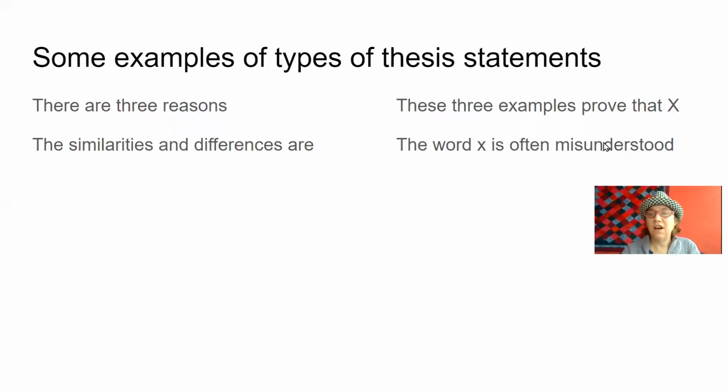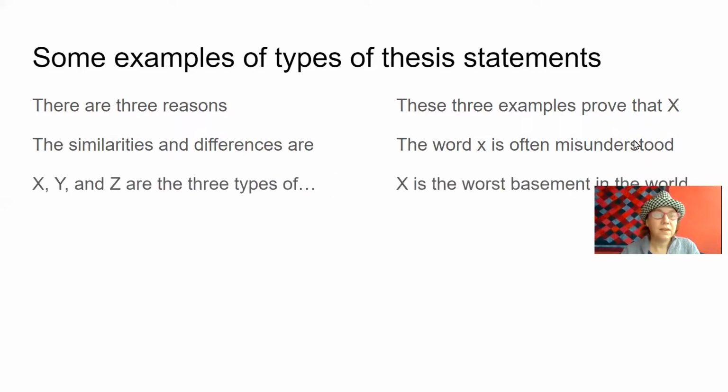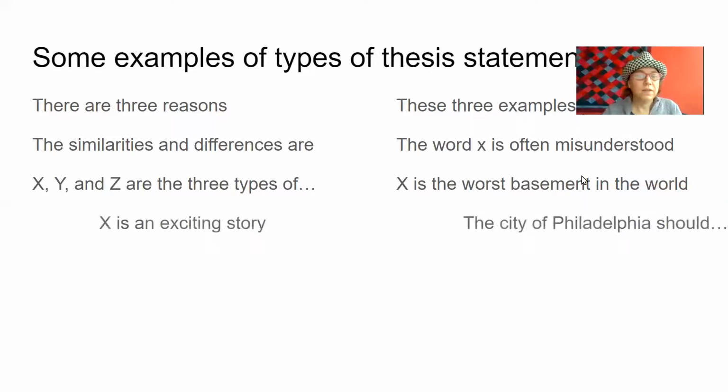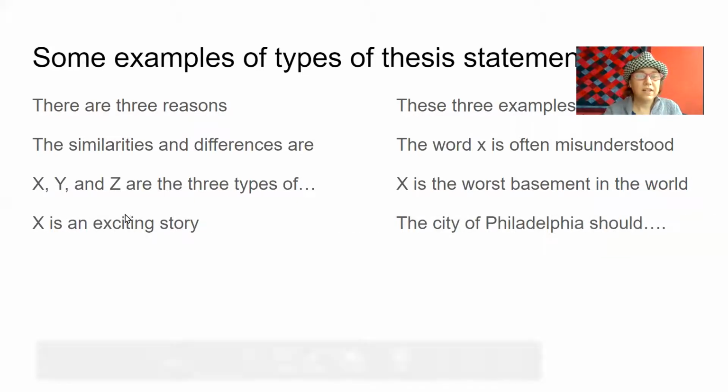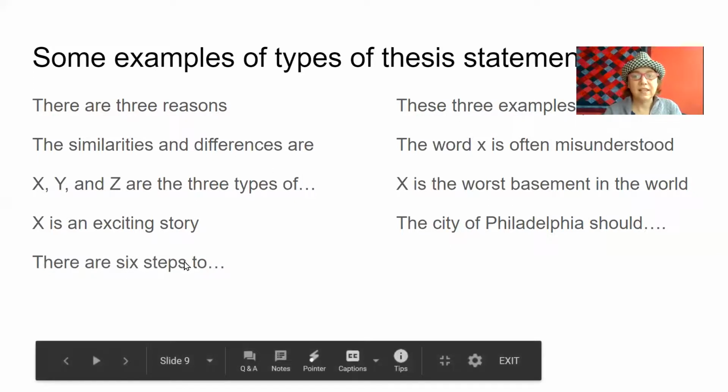The word X is often misunderstood: that's a definition. This one's classification and division. This is a description. This one's a narrative. And this one's an argument or persuasive. And finally, process. I think I skipped that one last time. Process. These are just examples. It doesn't have to be exactly this.